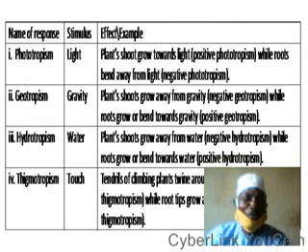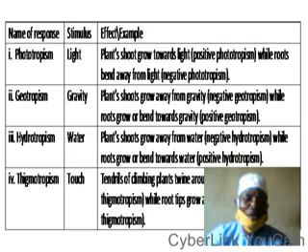The name of the tropic movement is in column 1. The stimulus for each of these responses is in the second column, while the effect or example is in the third column. The first type of tropic movement is phototropism.